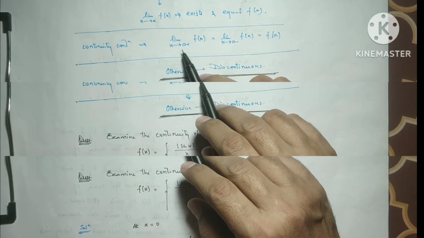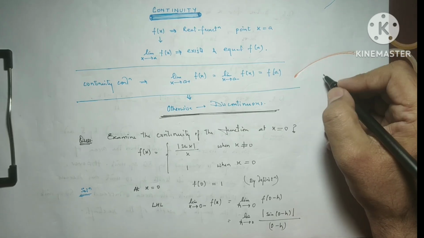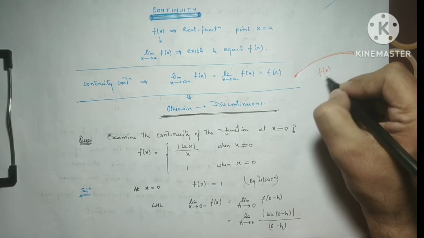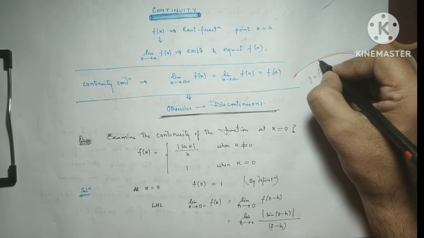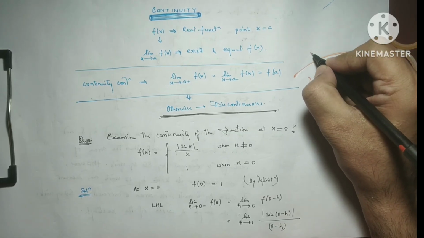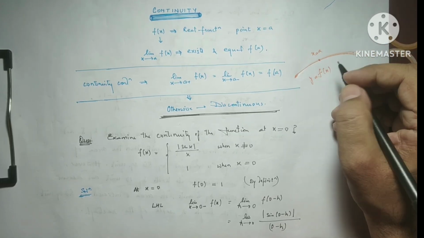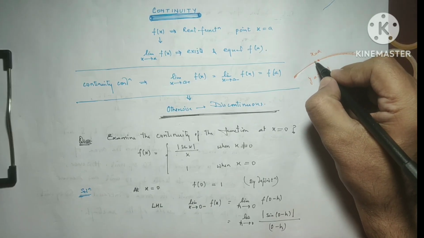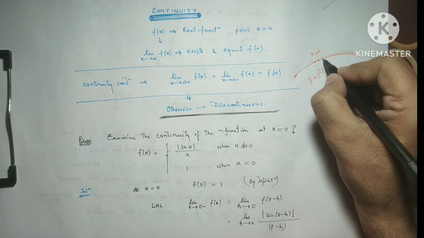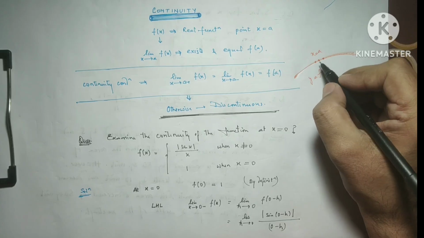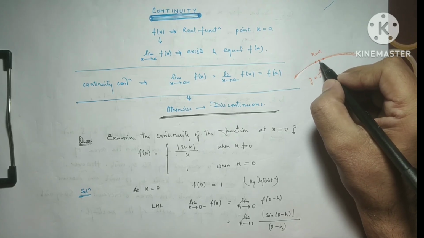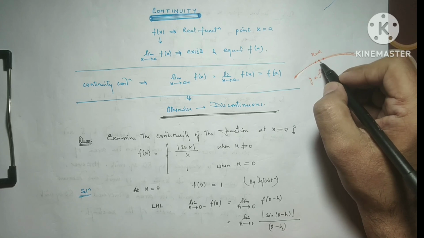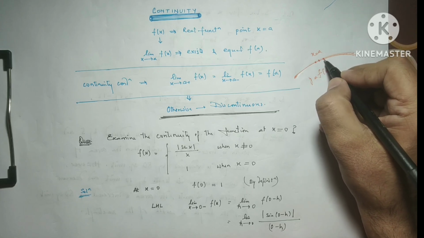So if this is a curve y equals f(x), and it is the point x equals a, then we will check a slightly lesser value and a slightly more value, or you can say the point nearly equal on the left hand side and nearly equal on the right hand side.